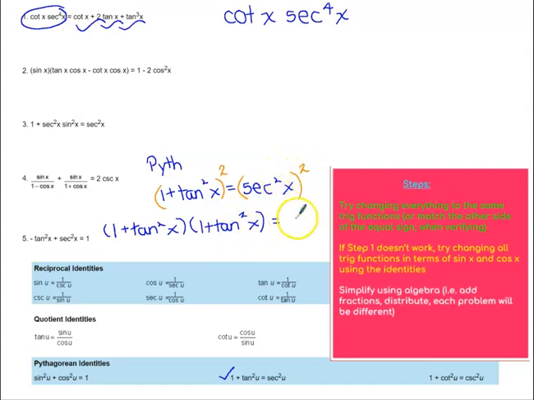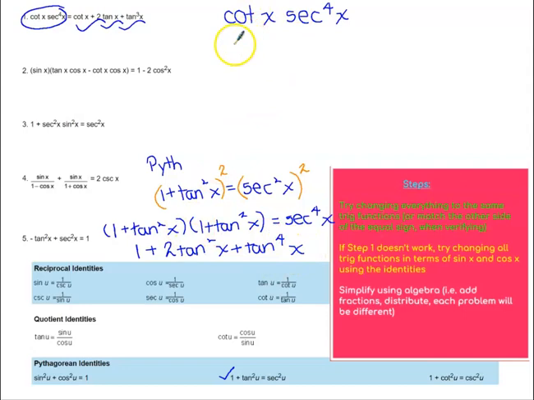A power to a power, you multiply, giving you secant to the fourth. So you're going to FOIL or distribute, and when you're done, you should get 1 plus 2 tangent squared x plus tangent to the fourth.